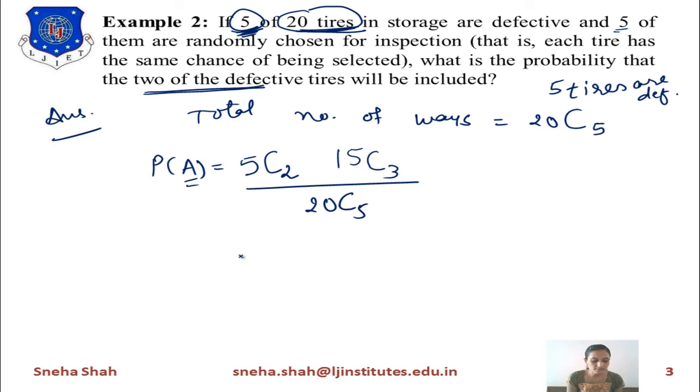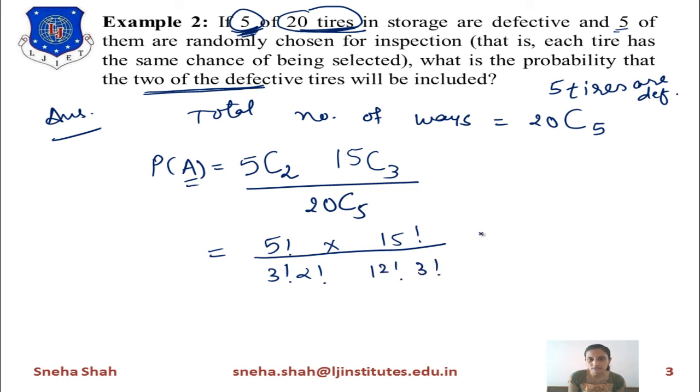Now this will be solved like this. 5C2 means 5 factorial upon 5 minus 2, which is 3 factorial, into 2 factorial, right? Similarly, 15C3 means 15 factorial upon 15 minus 3, which is 12 factorial, into 3 factorial, into 20C5, which means 20 factorial upon 20 minus 5, which is 15 factorial, into 5 factorial.